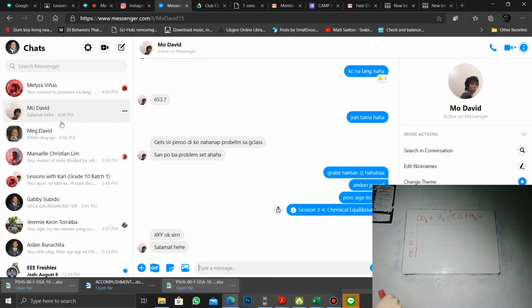Next, ICE table. So, 3-liter container, didiretso ko na. 0.5 molar. 0.5 molar. 0. Minus x plus x plus x.